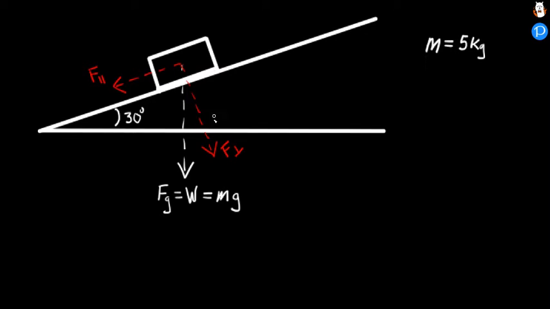Well, if we think about this, we can actually know the angle. Let me get a different color here. We can know the angle that is right here. This angle between the force that is perpendicular and the force of gravity here, because this angle right here is going to be the same as this angle here.